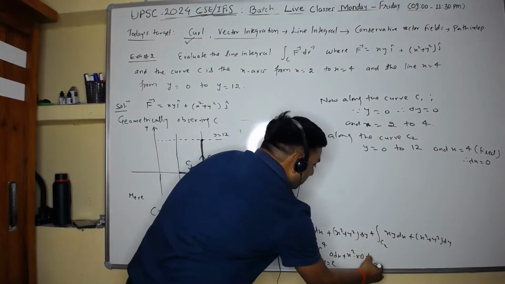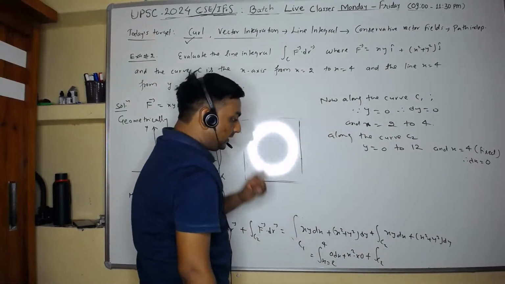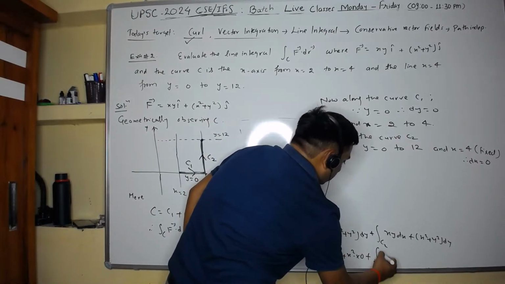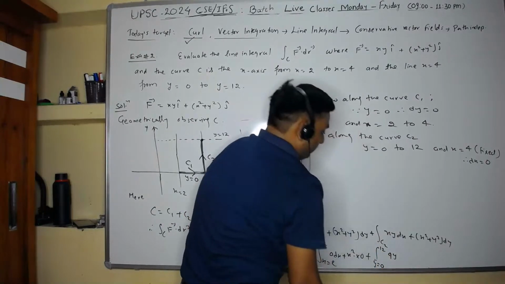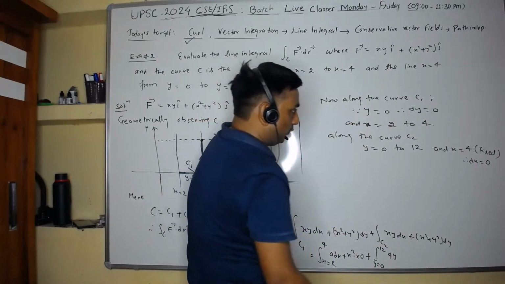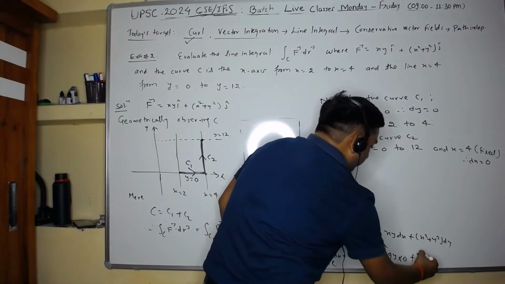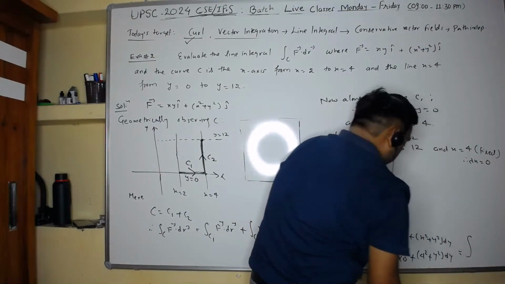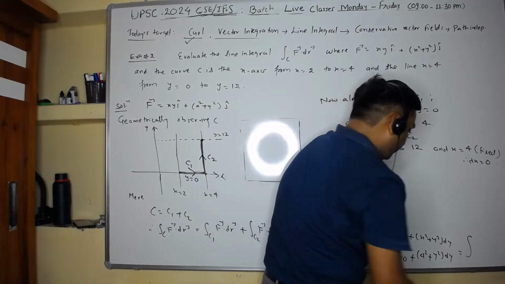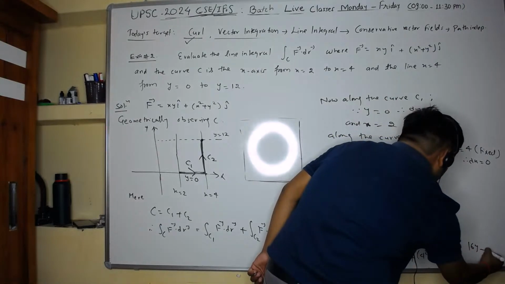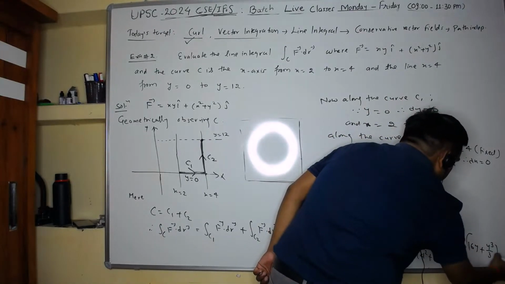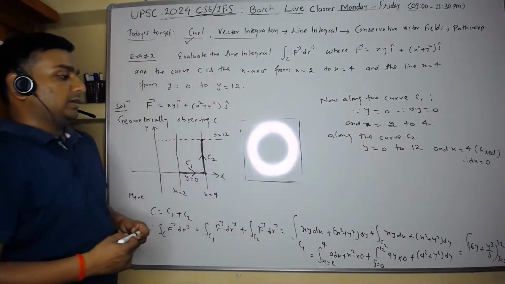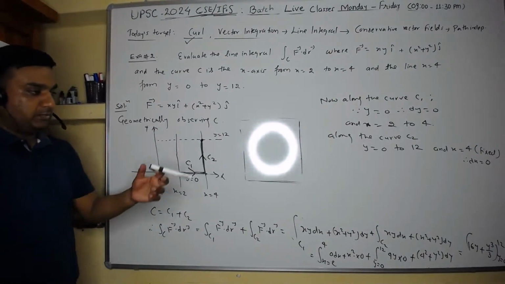So dy is 0. Along the curve C2, x is 4, y going from 0 to 12, right? So x is 4, so dx is 0. So ultimately you will have this term as 0. This is 16 by ... plus y cube by 3, where y is running from 0 to 12. Check it out please. You can match the numbers from there.